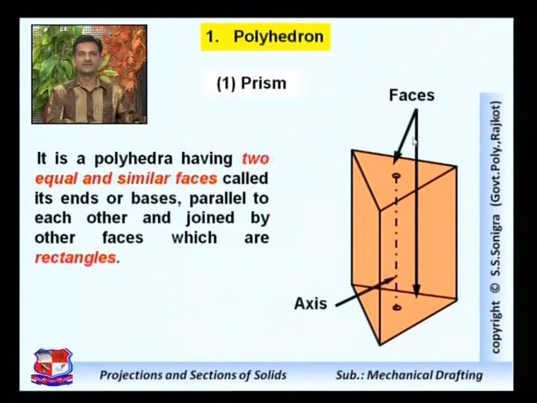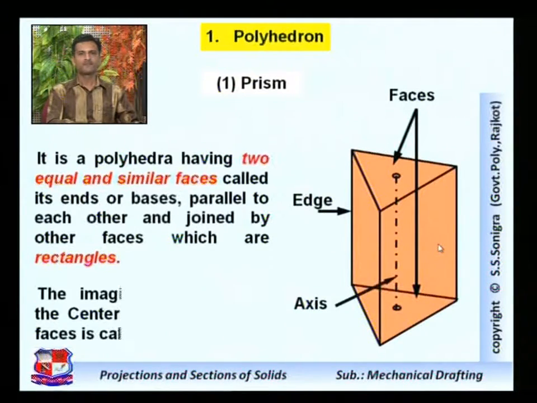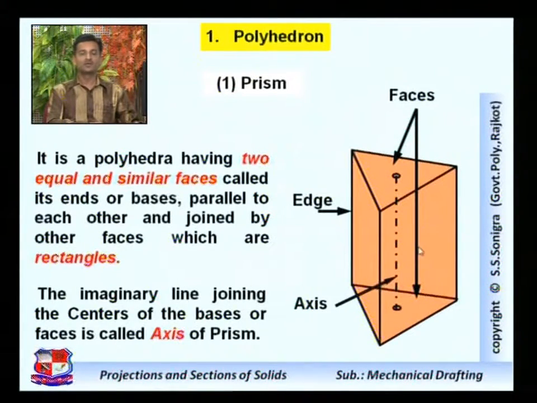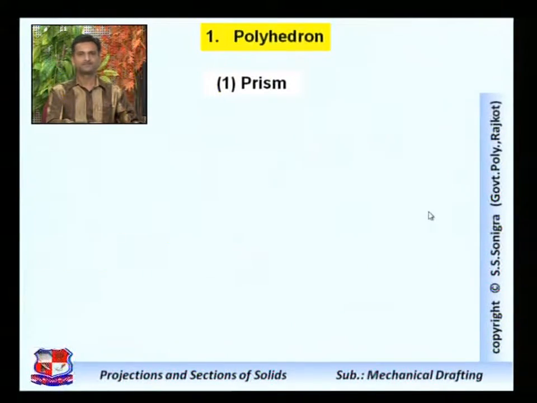The upper face and lower face both are triangular in shape. These are the edges, 1, 2 and 3. The imaginary line joining the centers of the bases or faces is called the axis of the prism.